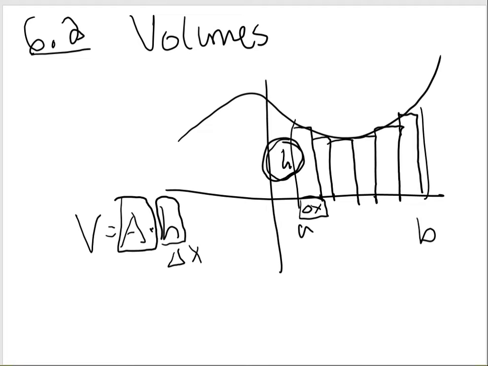So really, what we're doing here is this cross-sectional area. We can think of it as similar to how here we thought of it as the function value. We'll think of this area as a function.